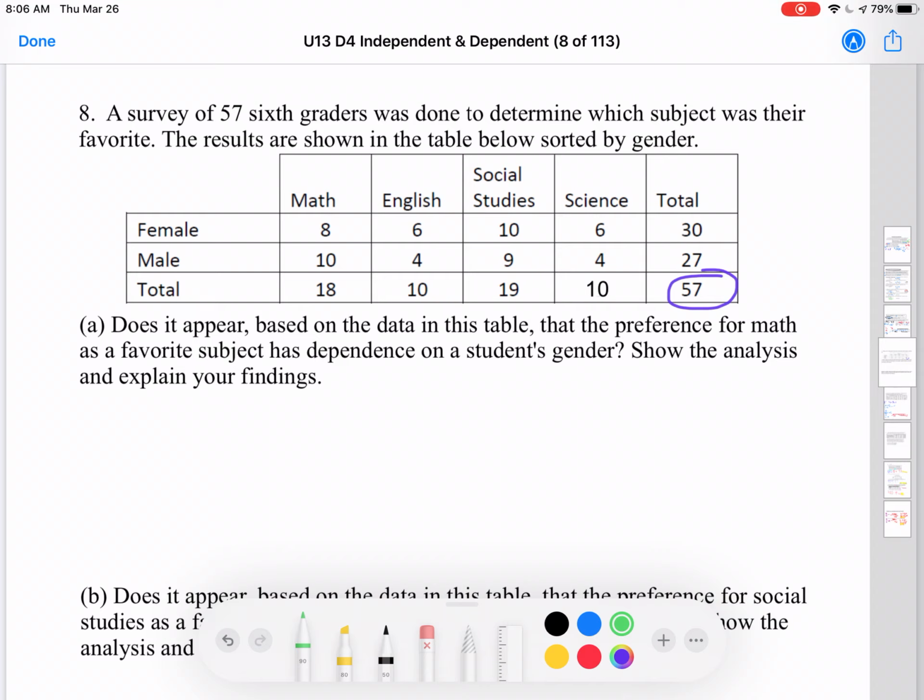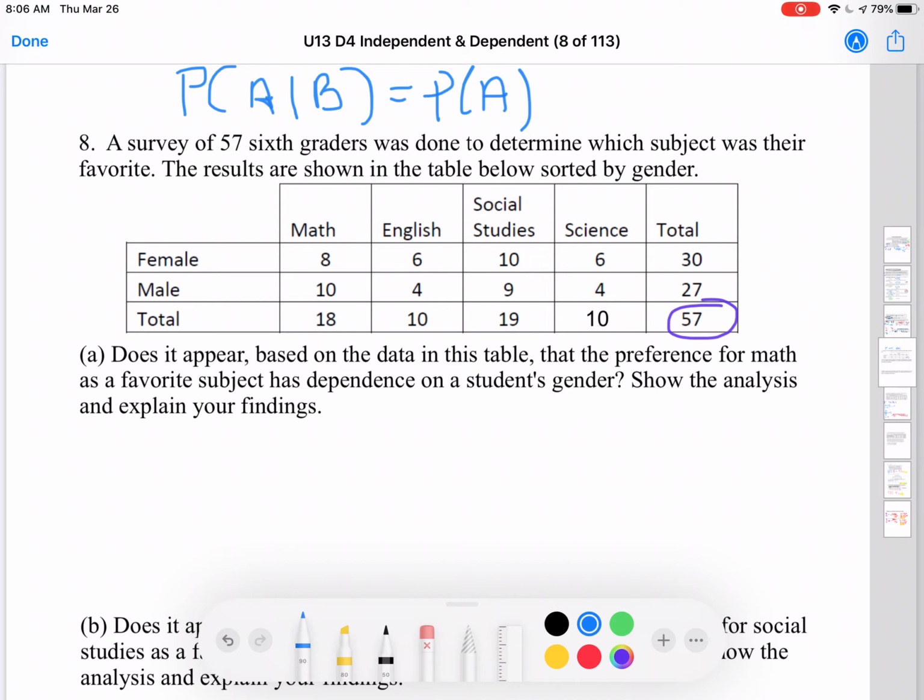Remember, this is the formula that we're going to use to decide if something is independent or dependent. It's probability of A given B, and you set it equal to probability of A. Those first two, right? A, B, B, A. Okay, it's every other. So we're comparing math and gender. It doesn't matter if you do probability of math given gender or gender given math.